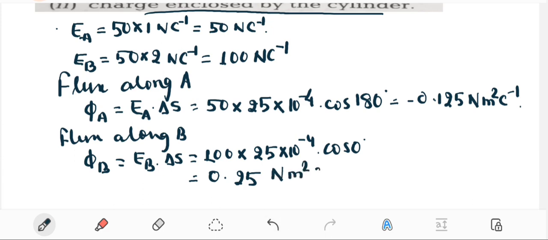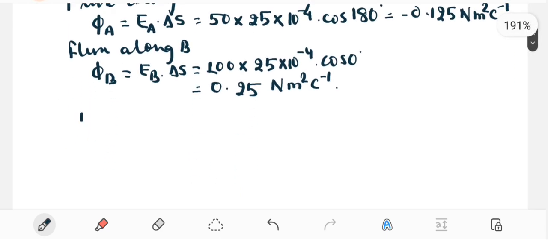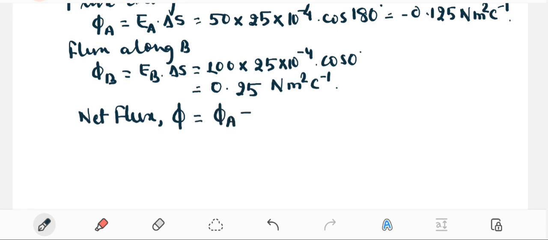Okay, now for net flux, we were supposed to be finding net flux. For net flux, that is phi, is equal to flux along surface area A plus flux along surface area B, which is equal to negative 0.125 plus 0.25.